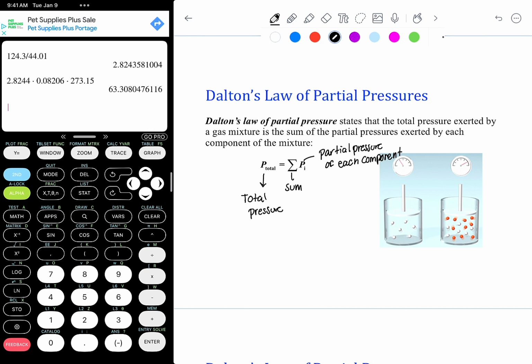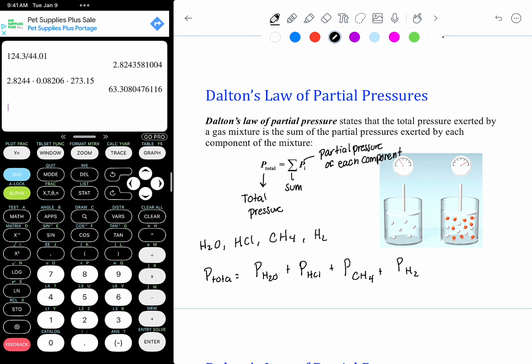So if we had a mixture of water, HCl, CH4, and H2 all in the same container, the total pressure would be equal to the pressure of the water plus the pressure of the HCl plus the pressure of the methane plus the pressure of H2.